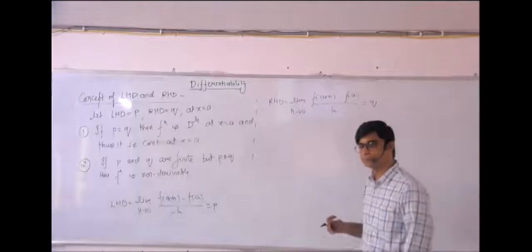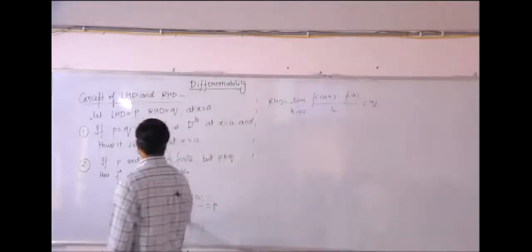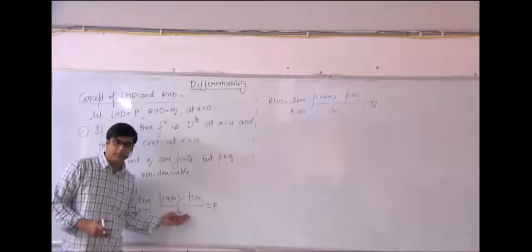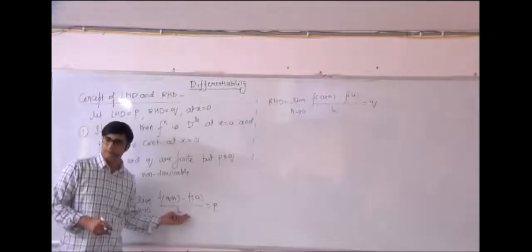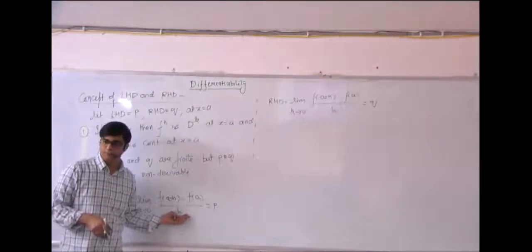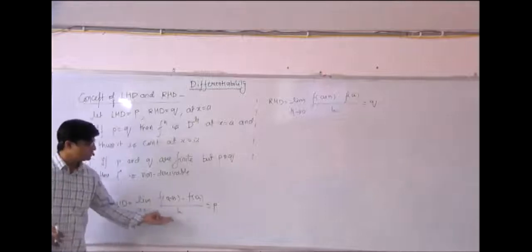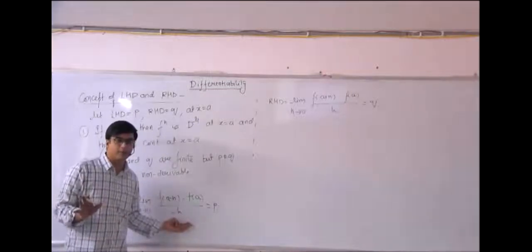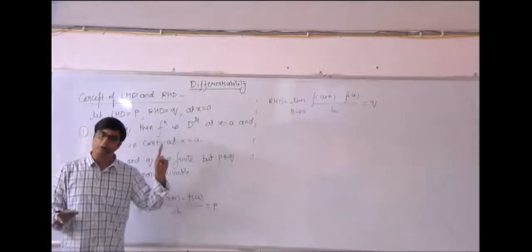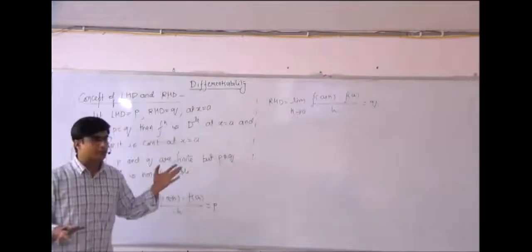Yes or no? Now, if you look at this denominator, as h tends to 0, your denominator is tending to 0. Yes or no? All of you, focus here. If h is tending to 0, then your denominator is tending to 0 or not? Now, if this limit is finite, then there is only one case where it is possible.